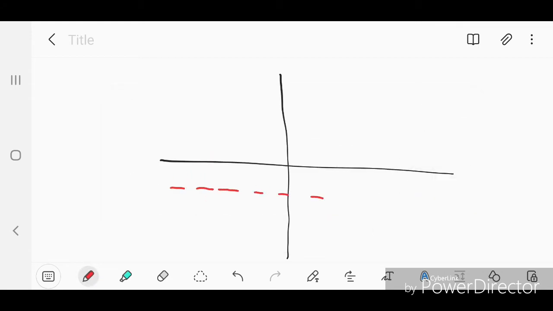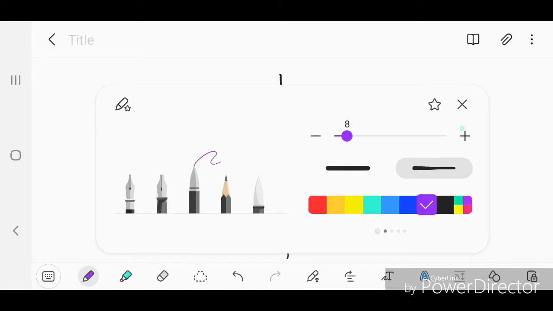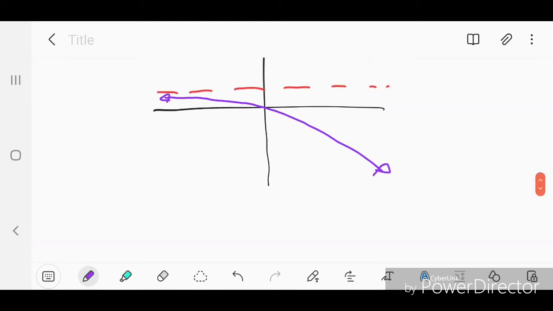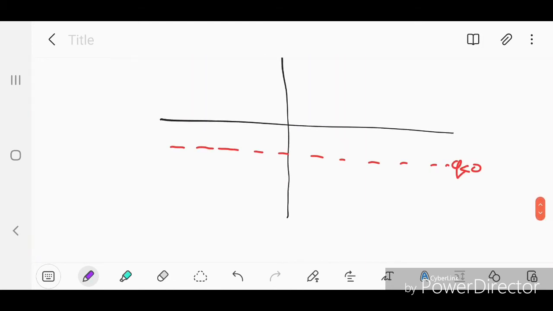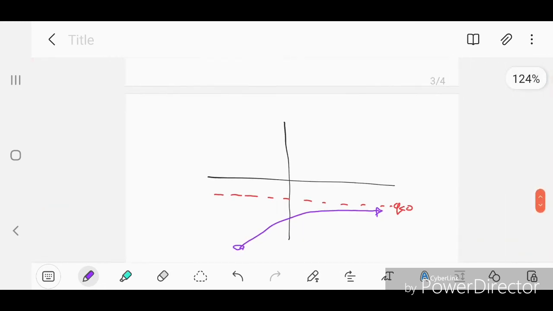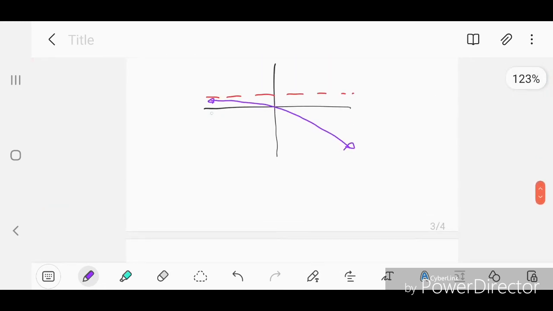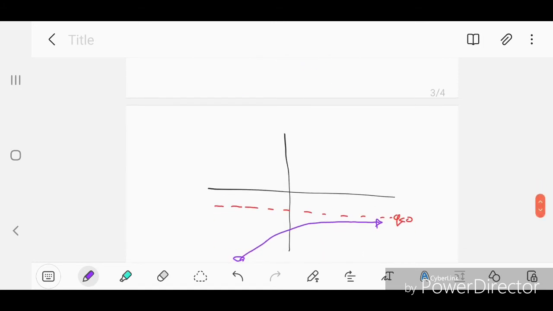So this is my q. Q is greater than 0. And that one came from that direction, so this one can come from this direction. So you can see the difference. This one is coming from the left to the right. That one is coming from the right to the left.